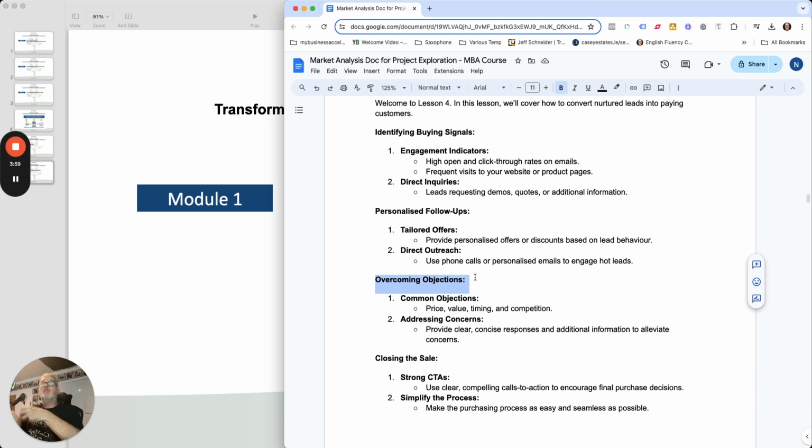They're looking for more information, essentially. Common objections include price, it's too expensive, the value, not clear where the value is, timing, it's not the right time, competition, other people offering the same service or the same product. And addressing concerns. So we can provide clear, concise responses and additional information to alleviate these concerns.